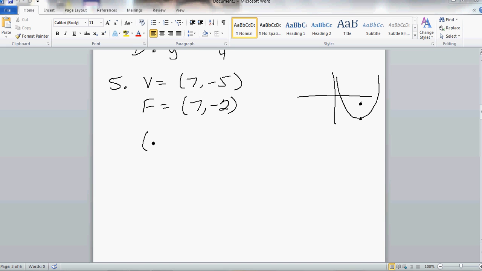Now, in particular, it's going to be x minus the x value. Well, the x value of the vertex is 7. So (x minus 7) squared equals 4 times, okay, p. We need to calculate p. That's that distance between the focus and the vertex. And that has a distance of 3. So I'm going to put in 4 times 3 times, now I need the y values.